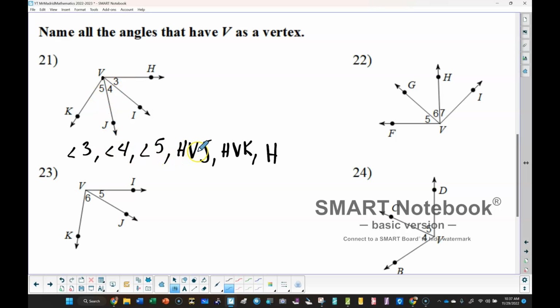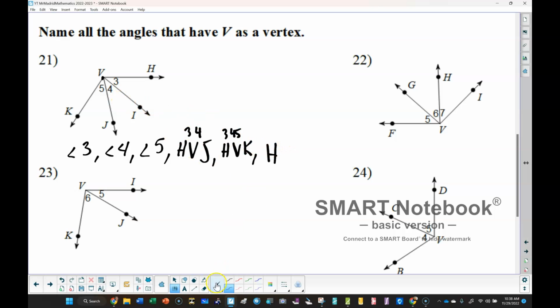HVJ is 3 and 4 combined, so I'll make a note of that. And then HVK is 3, 4, and 5. Who else am I missing? I would be missing IVK, which is just 4 and 5.